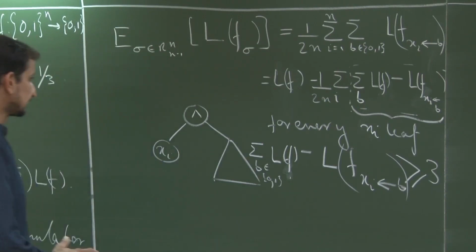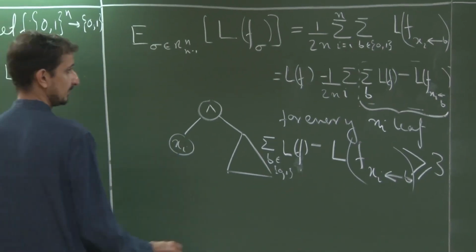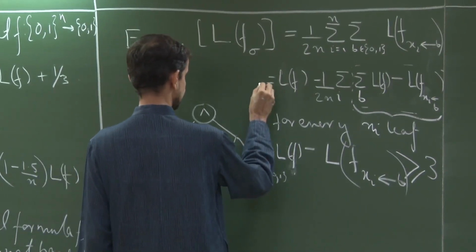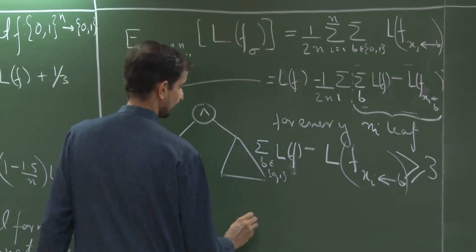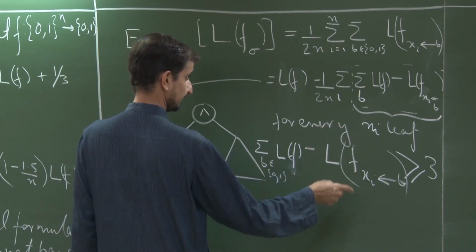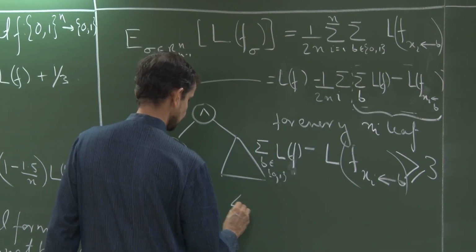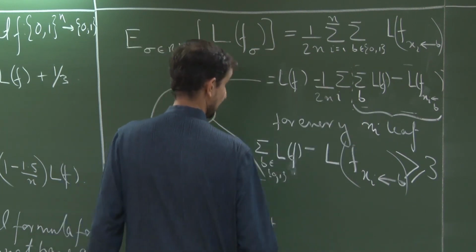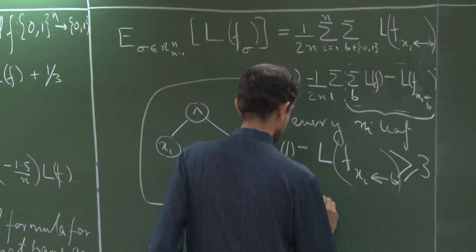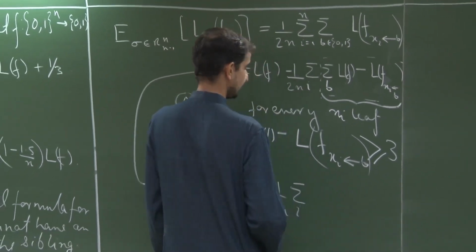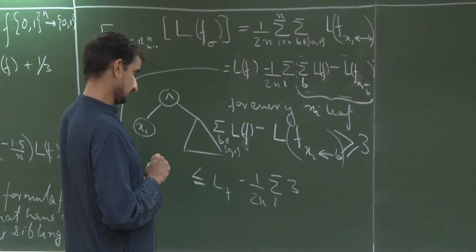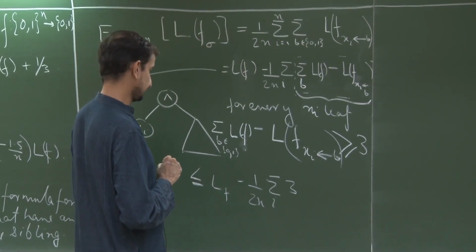Now let us just plug this back in. So, we have this expression over here, which I can write as being greater than or equal to this. I have a minus over here, so this will be less than or equal to L of f minus 1 over 2n, sigma i, times 3.